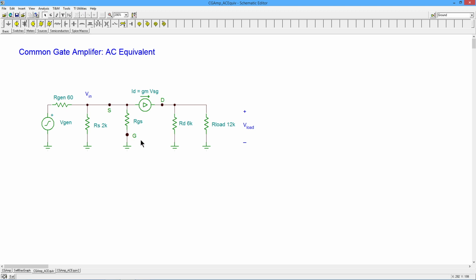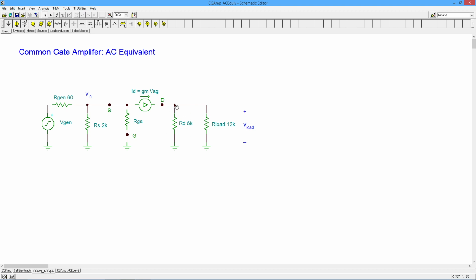The output impedance, the input impedance, and the voltage gain. So let's go after the easy one first, and that would be the output impedance. This is a very similar situation to a common source amplifier, or for that matter a common base or common emitter amplifier, where you're sitting out here on the drain, or in the case of bipolar, sitting out on the collector. Here's your load. You look back in. What do you see?